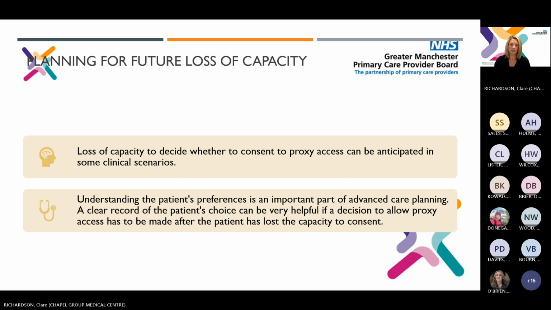So, advanced care planning by the GP. I'm not sure if any of your GP practices and your GPs do this, because I know a lot of practices don't. We've recently taken on a care home and we're doing a lot of advanced care planning, and there are 32 residents in the care home.